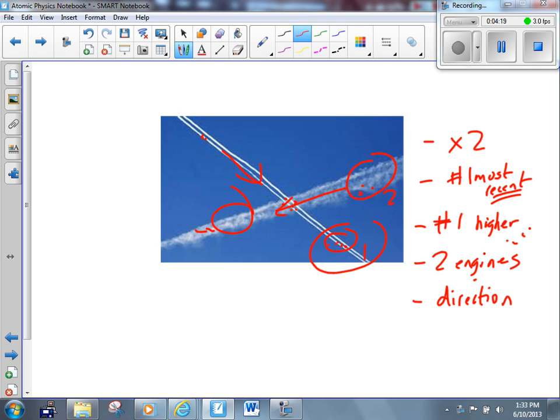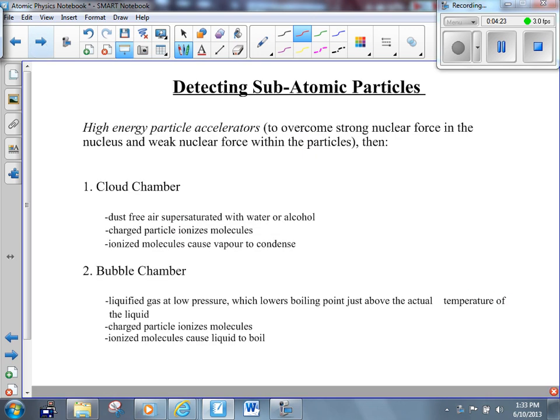Now, how does this relate to what we do in Physics 30? We've always wanted to know things. Since 1897, when the electron was discovered, since we first determined that there are things smaller than atoms, we've wanted to find out what was inside those atoms.